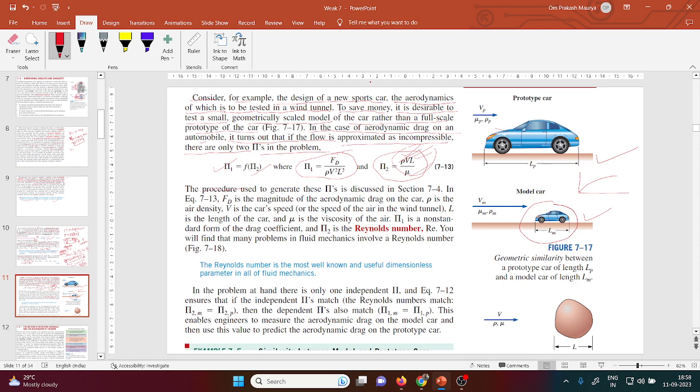The procedure used to generate these pi's, we will discuss how we can generate these things. It is the Buckingham pi theorem. We'll see in the below sections how.